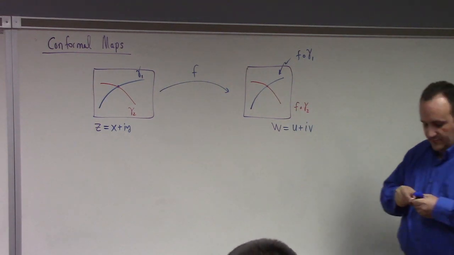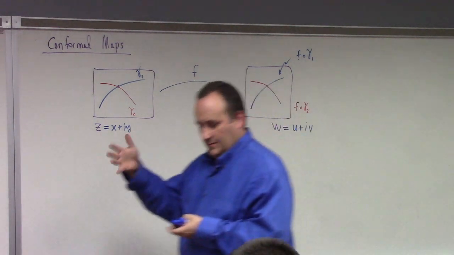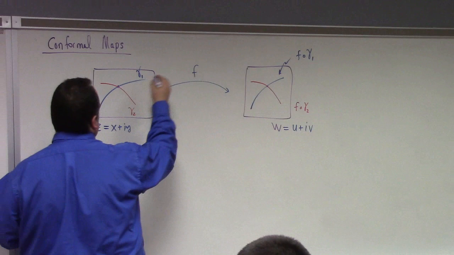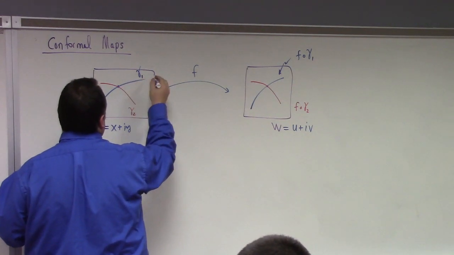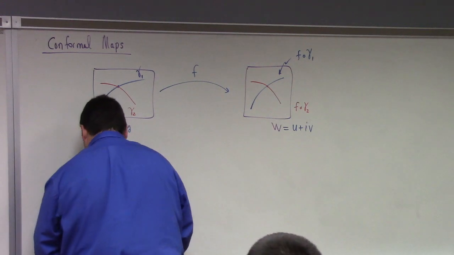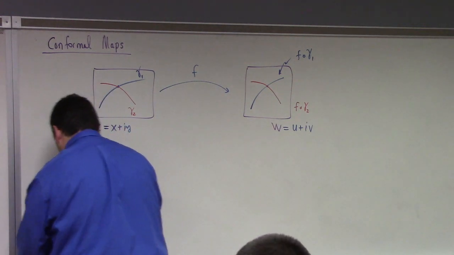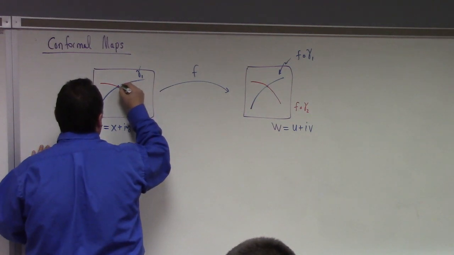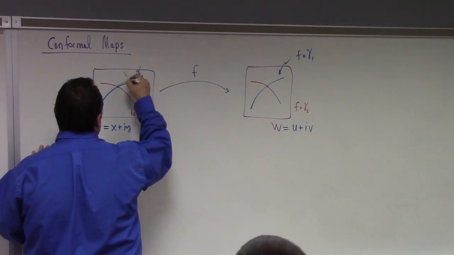So when we say it's preserving the angles, the natural thing to look at is a vector, like a tangent vector here. So the tangent vector to gamma 1, let me call it v1.